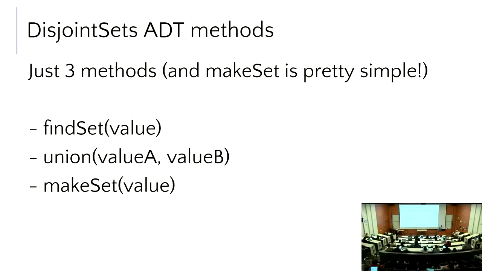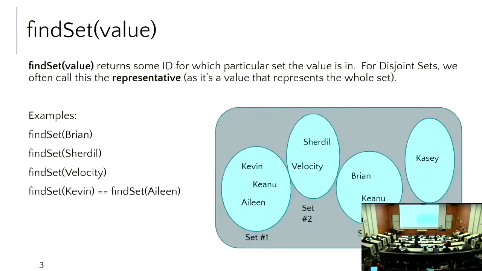So if we want to find set, the way this works is if I call find set of Brian, it's going to need to look through every single thing until it finds, hey, here's Brian, and then it returns 3 as the representative of this set. Find set of Sherdil will return 2. Find set of Velocity also will return 2. That's the representative of anybody that happens to be in this set.